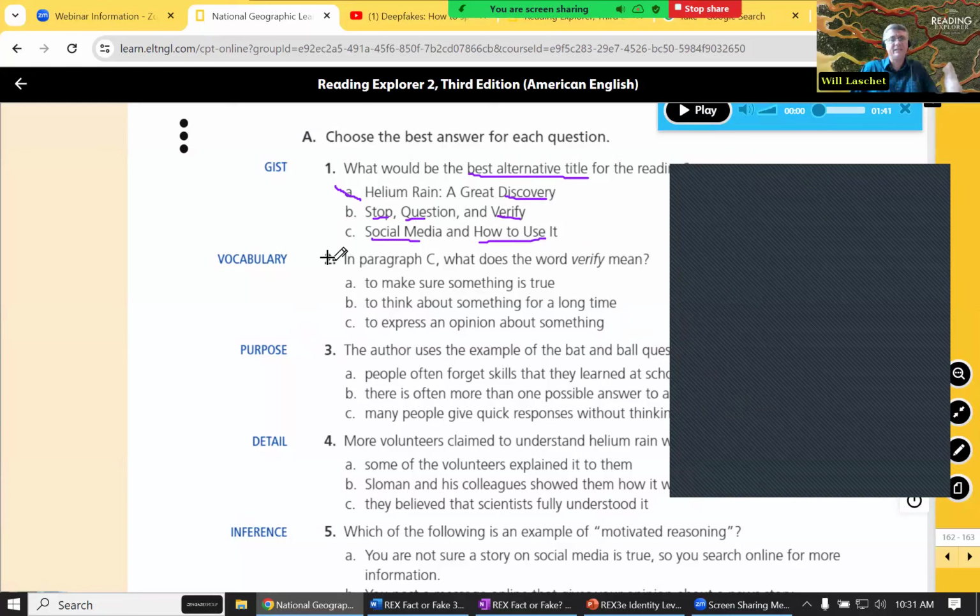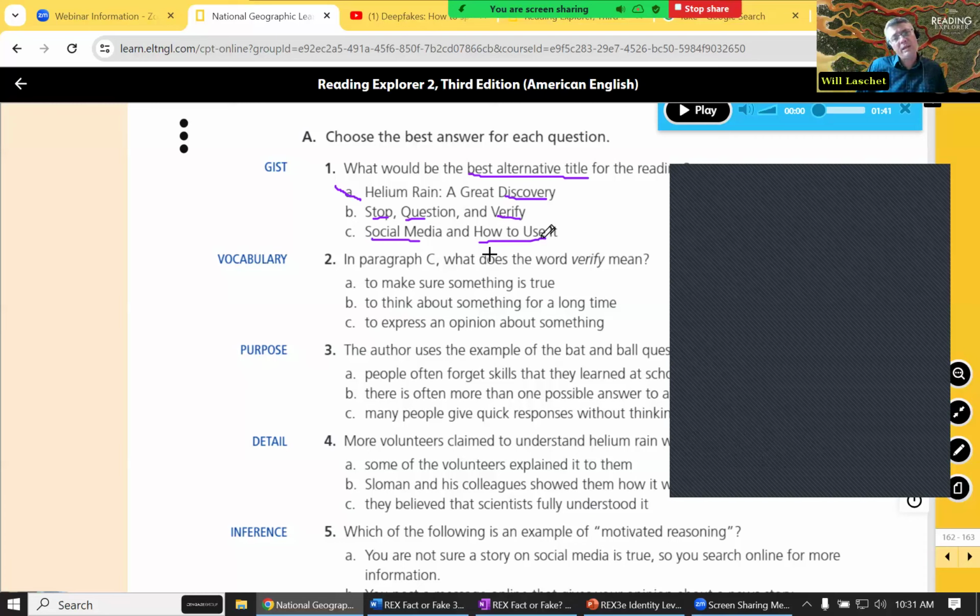Okay. So I like to use this approach sometimes with my students to do a process of elimination. Next we've got B and C. Let's look at C. It says social media and how to use it. Now, did this article mention social media? Well, I think it did. I think it mentioned it when it says that when you see things on your social media, it's showing you things that you believe.